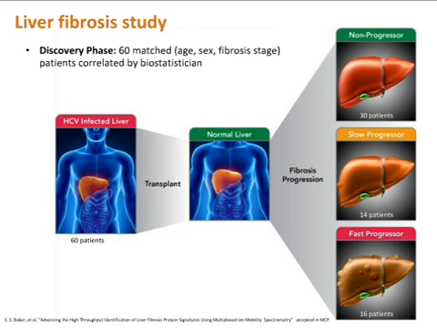Then their liver either didn't have any fibrosis after a certain time period, was a slow progressor getting a little bit of fibrosis, or the fibrosis happened very quickly, so they were a fast progressor. What University of Washington did is they made patient pairs. If you had a 20-year-old female that had no fibrosis, then they also found a 20-year-old female that had one of the faster progressors. So it was either a fast or a slow progressor, and they paired those together so we could analyze how the pairs had different effects on each other.